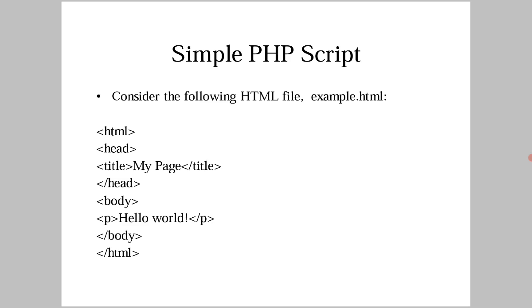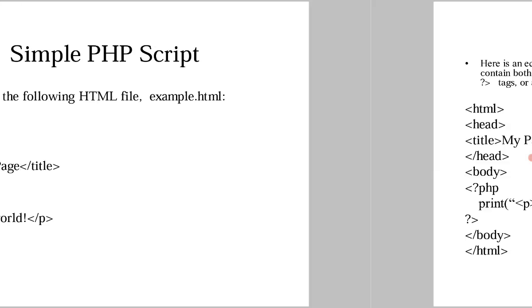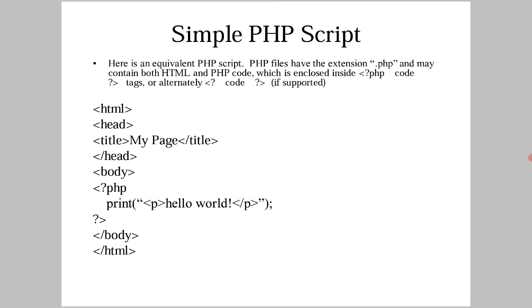This is a simple example. We already started with PHP programming statements and variables. This is a simple example of using a PHP script: how to use a PHP script in HTML. This is a simple HTML program with a title. So how to embed or insert PHP script in HTML?